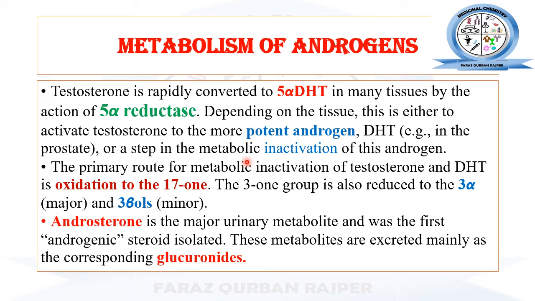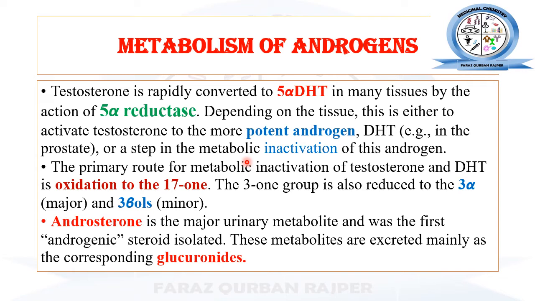In many tissues inside the body, wherever testosterone is present, it will be metabolized. This occurs to convert testosterone to a more potent androgen, because DHT, the metabolite of testosterone, is more potent in action, like in the case of the prostate.